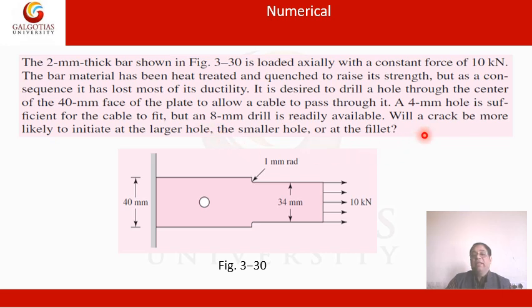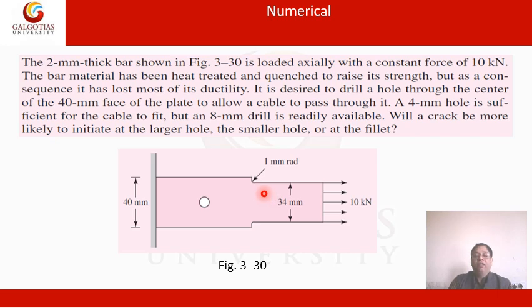So the question is, will a crack be more likely to initiate at the larger hole, the smaller hole, or at the plate? In this numerical, you have to calculate at which point there will be more chances of crack.